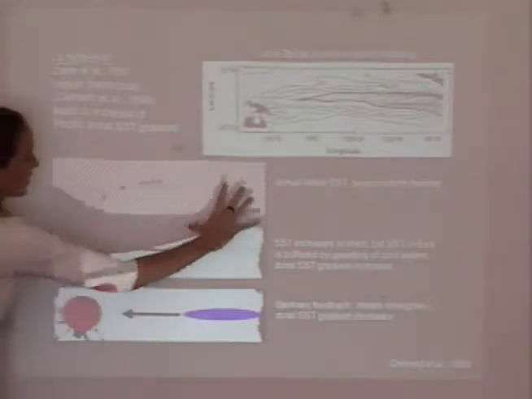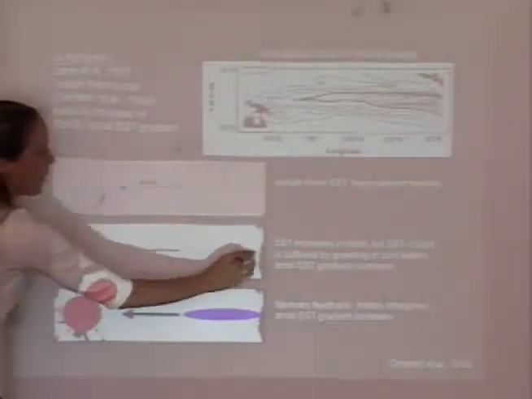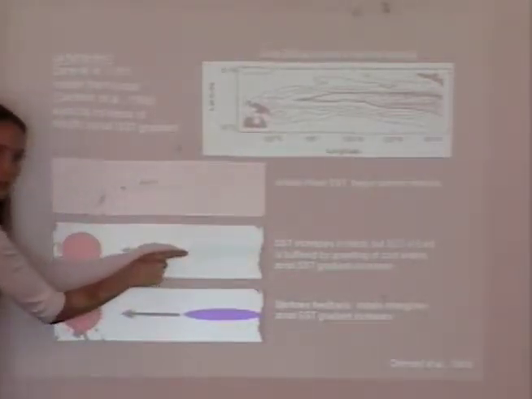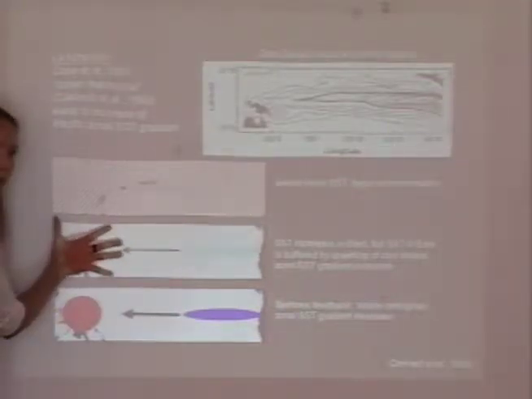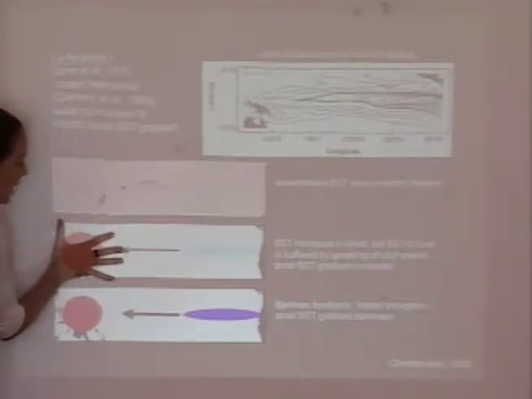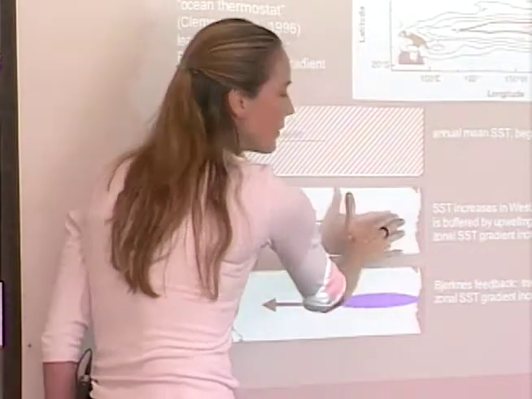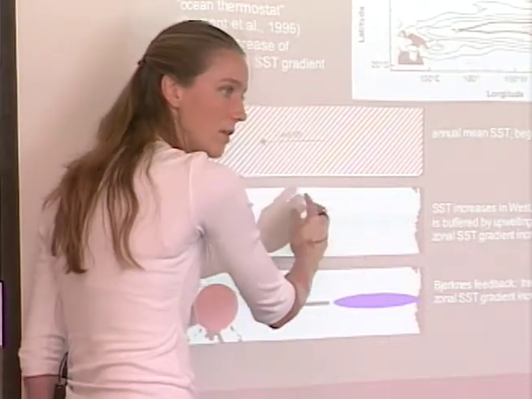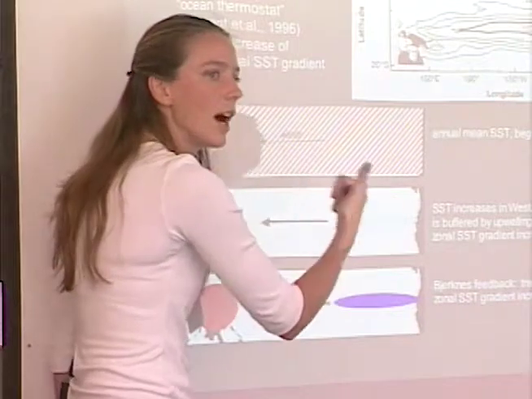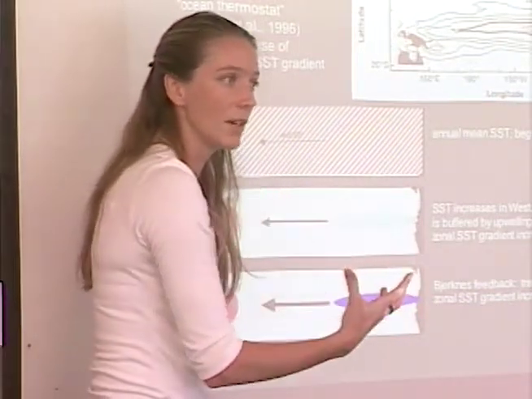So what happens is that basically, because you have upwelling of cool waters from depth in the east and no upwelling here, kind of a stagnant ocean with just a deep mixed layer, then you have a buffering of the heating here. Okay, it wants to heat the water, but because there's a presence of continuing input of cold water, it does not heat very efficiently.